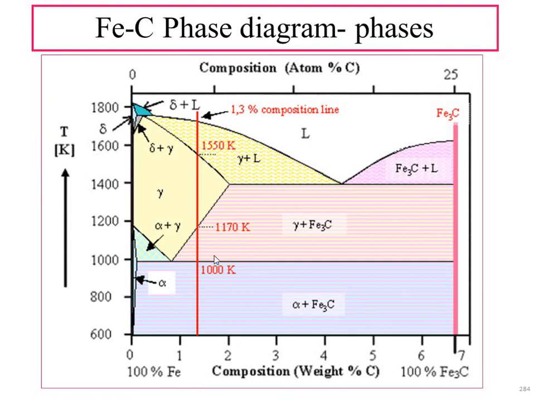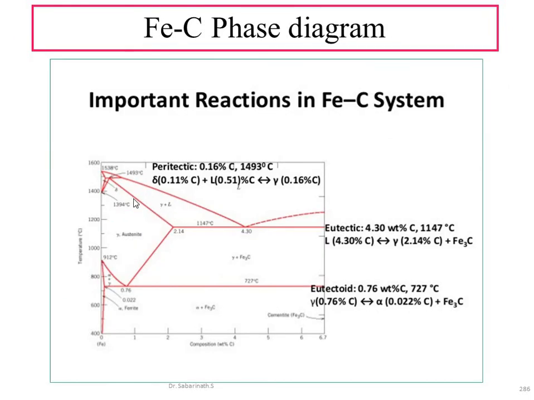Then there are intermediate combinations like alpha plus Fe3C, gamma plus Fe3C. Here we have delta plus gamma. This is delta plus liquid phase, and here it is alpha and gamma. Here it is iron carbide plus liquid. Such intermediate phases we can also see.